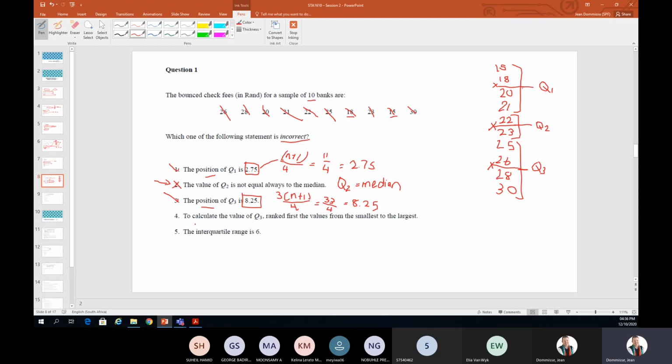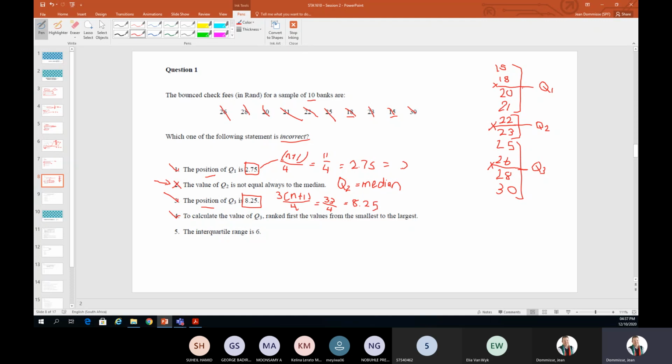Then to calculate the value of Q3, rank first the values from smallest to largest. Yes, to calculate any of these things you will need to do that. The interquartile range is 6, so you needed to calculate that, and now you can see what they do with this is they nearly round it off.